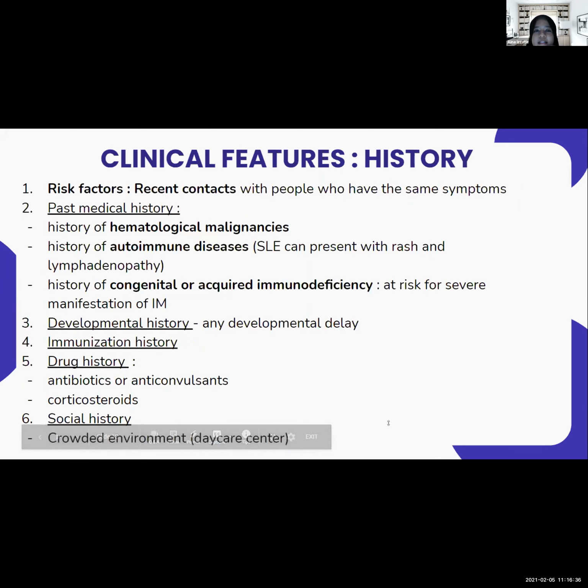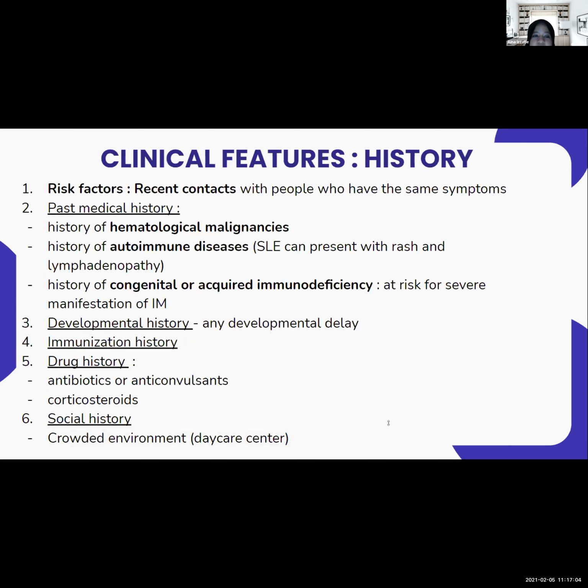Other important history that we need to ask includes risk factors, which is whether the patient has any recent contact with people who have the same symptoms, including family members. We need to ask about past medical history, such as any history of hematological malignancies, like acute myeloid leukemia or acute lymphocytic leukemia, which can also present with lymphadenopathy and hepatosplenomegaly.